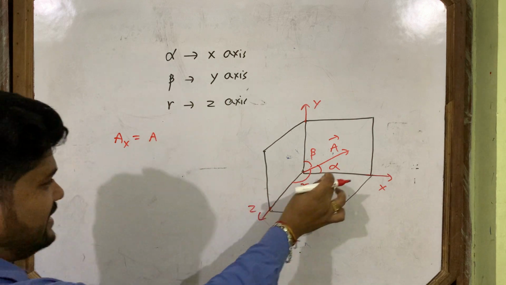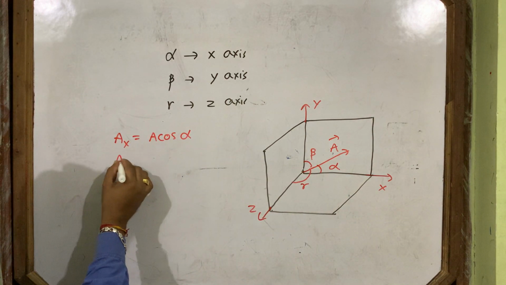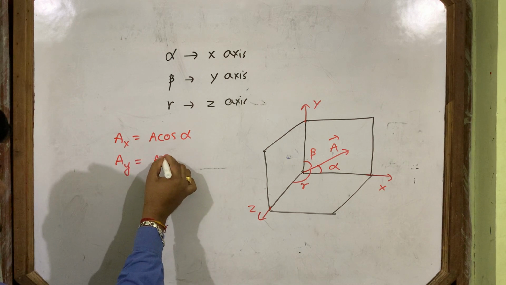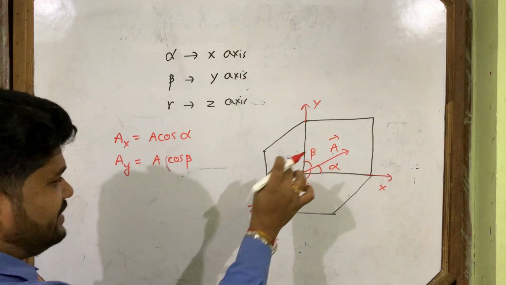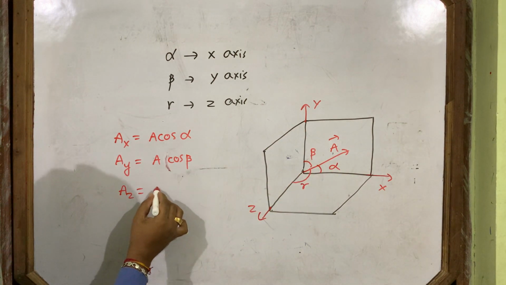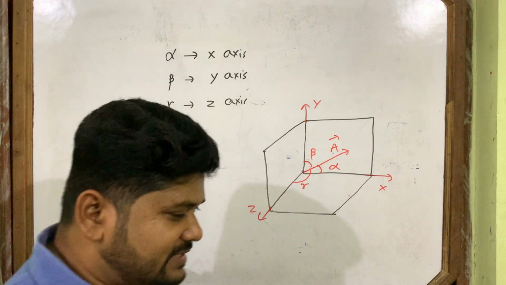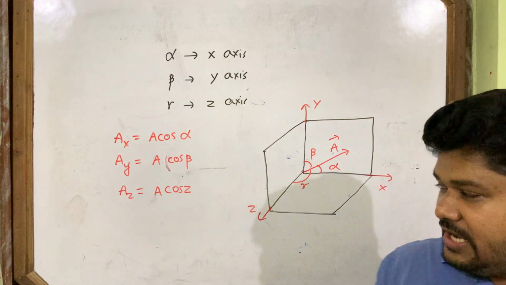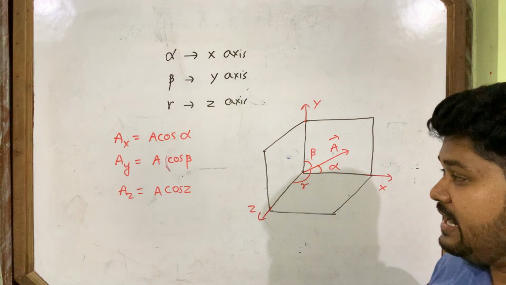Similarly, A angle is alpha with x-axis, A cos alpha. What will the y component be here? Similarly, A cos beta, because beta is the angle made by the A vector with the y-axis. What is the z component here? A cos gamma. So these are the 3 components of the vector in 3 dimensions, Ax, Ay, and Az.